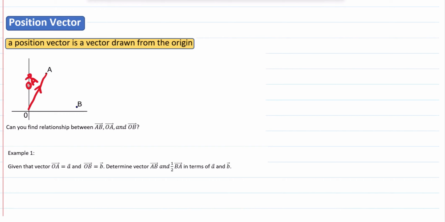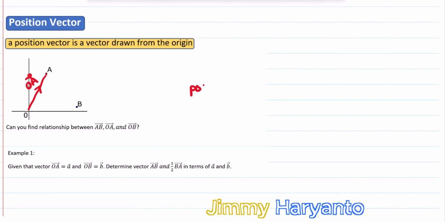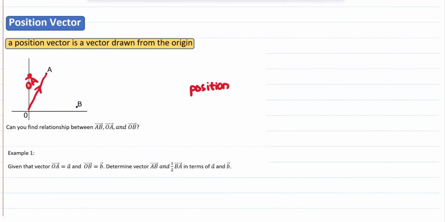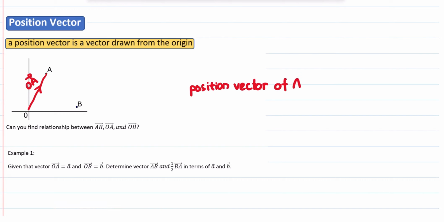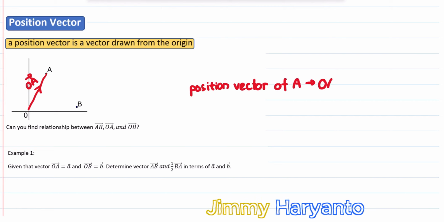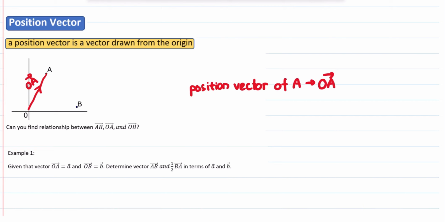So if you read position vector of A later in the question, that means the question wants to tell you that this one is the vector OA.